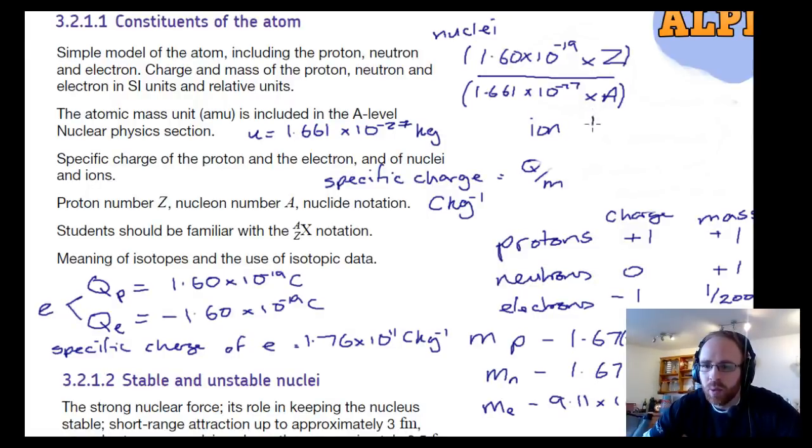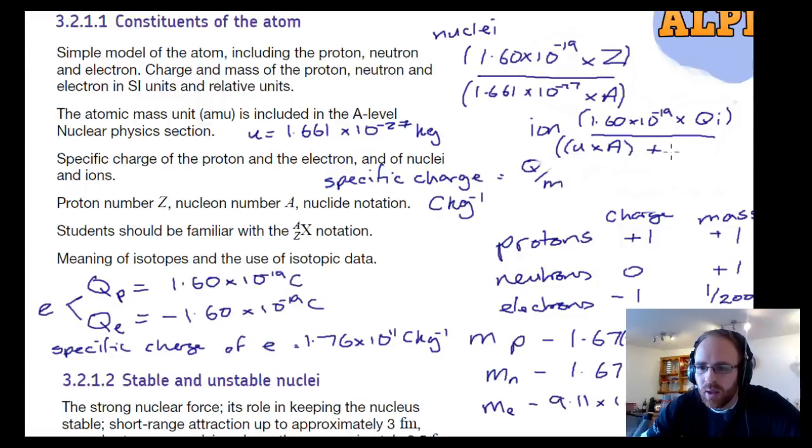So for an ion, you'd have 1.60 times 10 to the power minus 19 multiplied by the charge on the ion, all over, now this time, U, which is 1.661, multiplied by A, which is our mass number, plus the mass of the electron times the number of electrons.